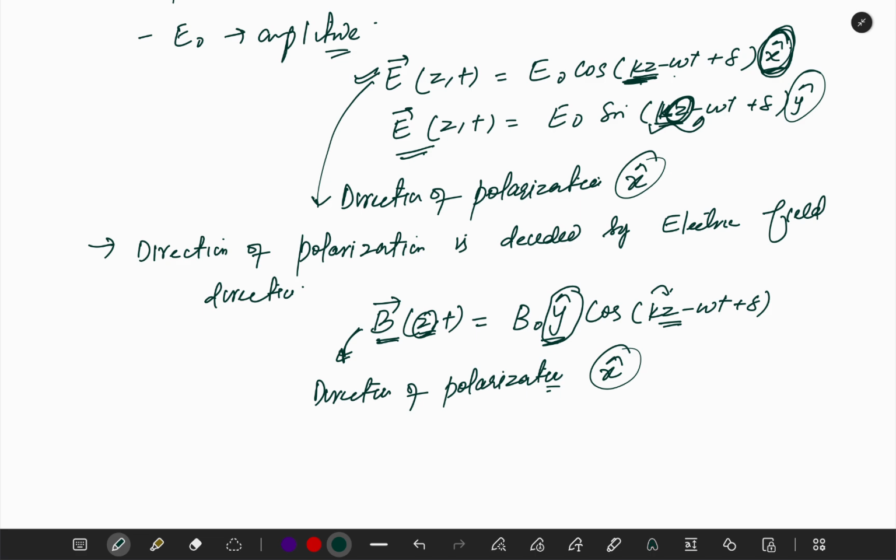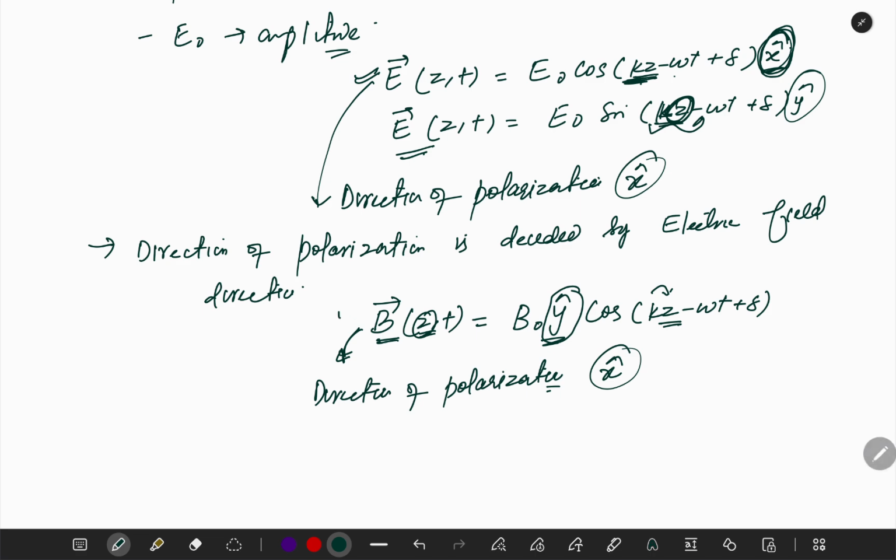We know the electric field and magnetic field both oscillate. I hope you understand this very important point. Again, the direction of polarization is decided by the electric field direction, not by the magnetic field.